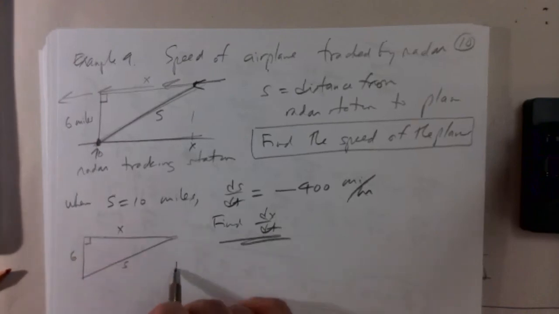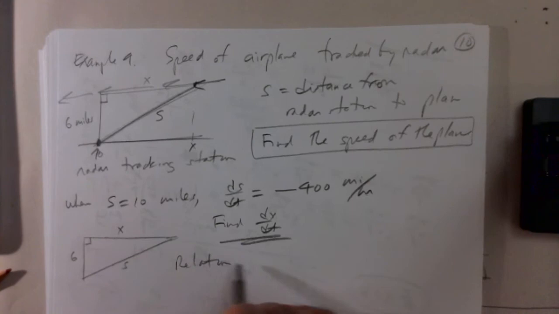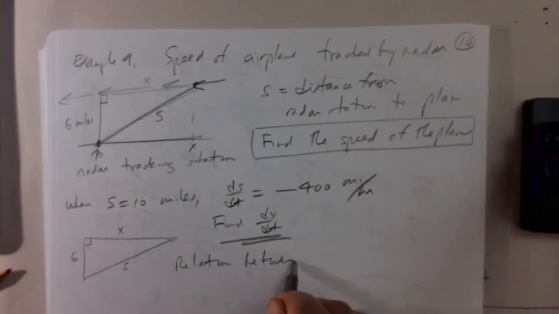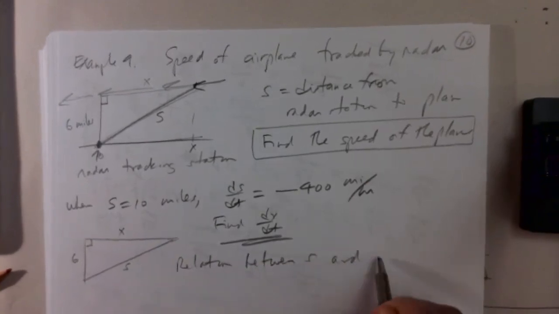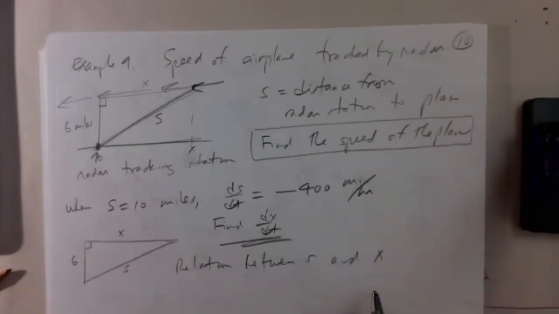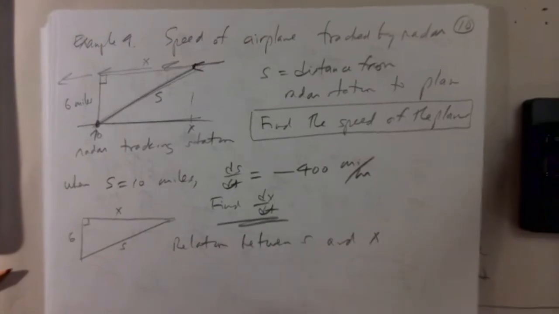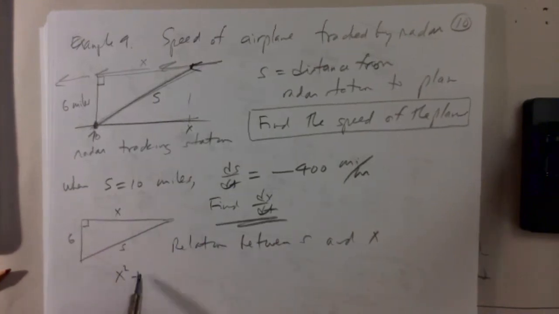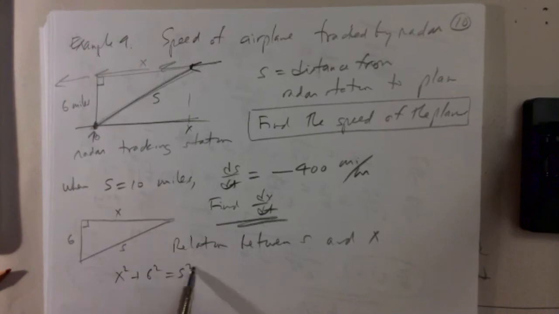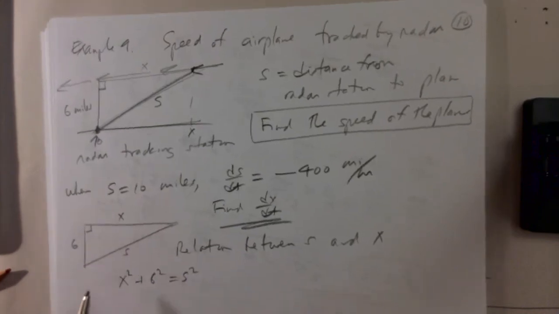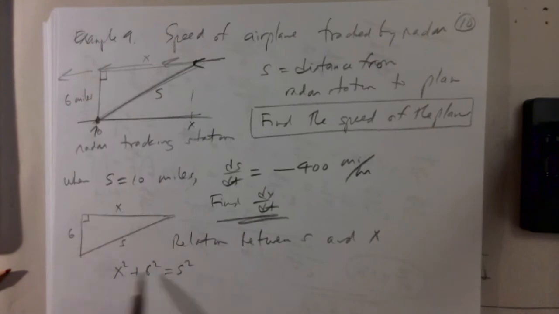So we ask for a relation between what we know, s, and what we want to find out, which is x. And a simple relation is just the Pythagorean theorem. x squared plus 6 squared equals s squared for a right triangle. Right? The sum of the squares of the sides is the square of the hypotenuse.